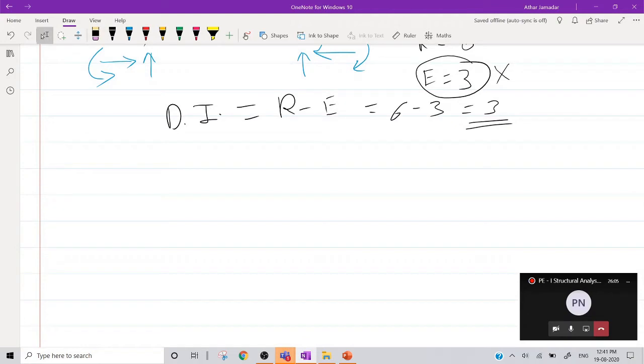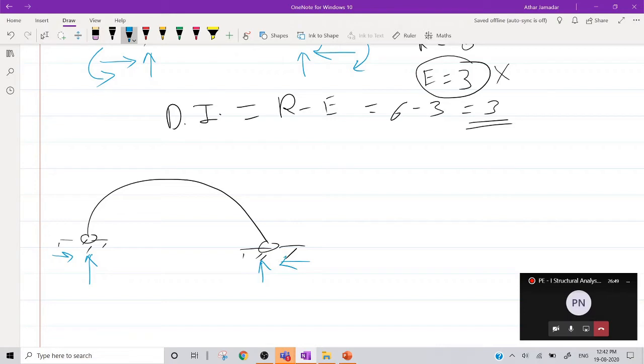So now let us take the example of arches. First we will take one example of a 2 hinge arch. This is a 2 hinge arch, that means both supports are of hinge type. So at one support there will be one vertical reaction and one horizontal reaction. At the other support there will be one vertical reaction and one horizontal reaction.